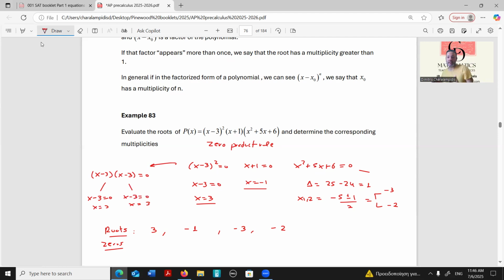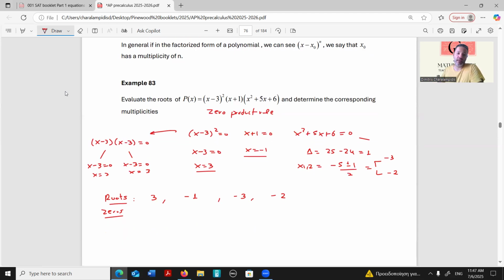So you do see that the zero x equals 3, although it's the same, appeared twice. And that's what multiplicity is all about. Here, we would say that 3 has a multiplicity of 2, and everything else has a multiplicity of 1.